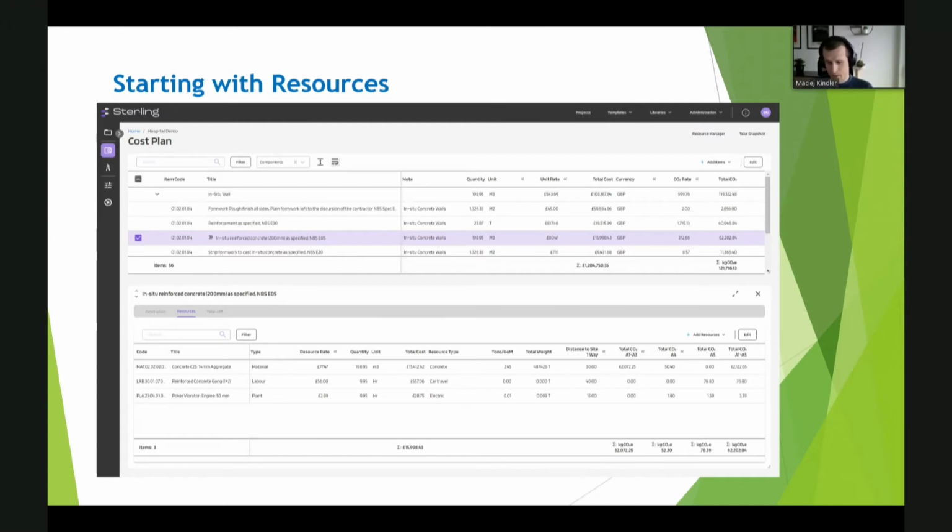So in a normal bottom-up estimation, you would have a cost plan or the bill of quantities, where you have a list of your items that you need to price. And for each of these items, you will list all the resources that are necessary to deliver certain types of jobs, including materials, labor, and plant.